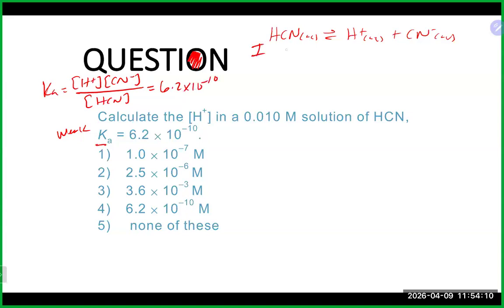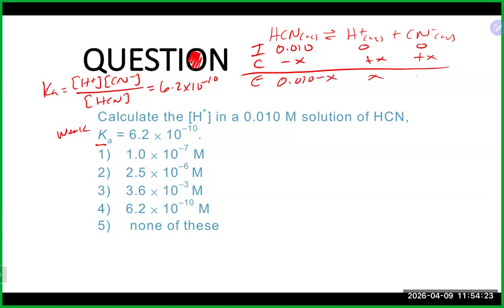Putting in our initial, 0.0100, change minus x plus x, equilibrium 0.01 minus x, x, and x. Going into our expression, that's going to give us x squared divided by 0.01 minus x equals 6.2 times 10 to the minus 10. Here we could assume x is equal to 0.